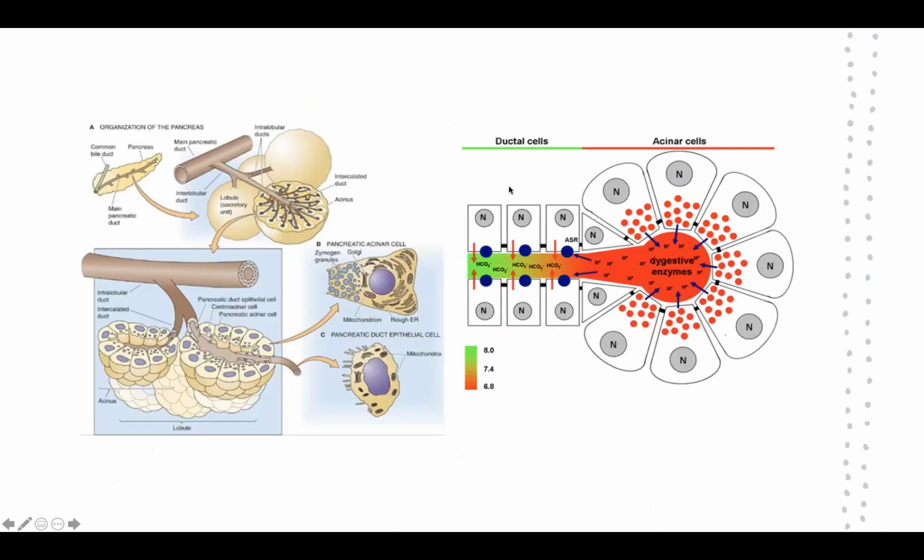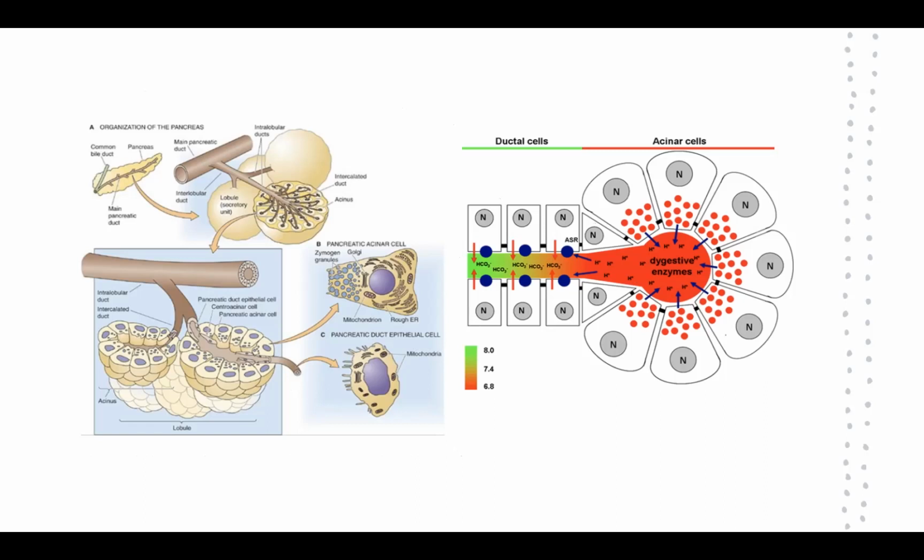So here we can see the acinar cells, and they are responsible for producing the digestive enzymes. Then here we've got the ductal cells, the pancreatic ductal epithelial cells, which are responsible for producing a bicarbonate-rich solution. This is a protective function because we don't want these acidic secretions to damage the pancreas.